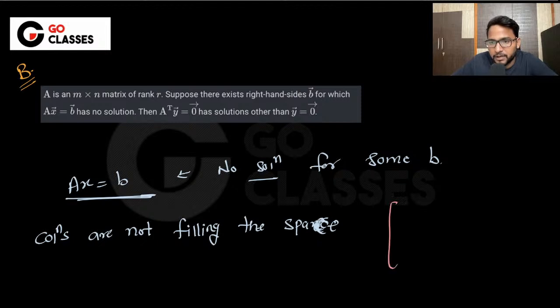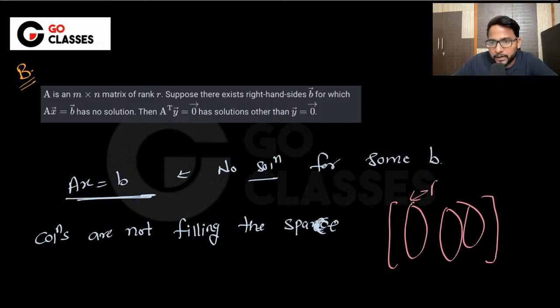See here. You will be having, let's suppose, M rows and N columns. So M rows, which means all the columns are in R power M. And the rank is R, right? So tell me, can the rank be M?